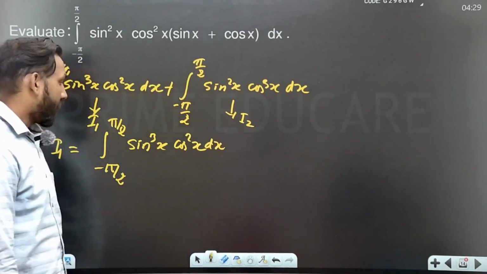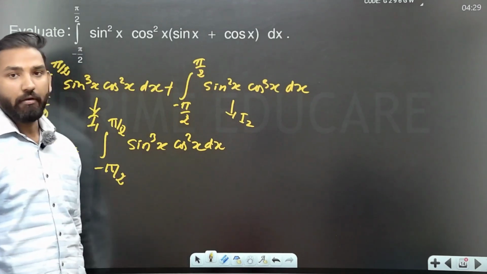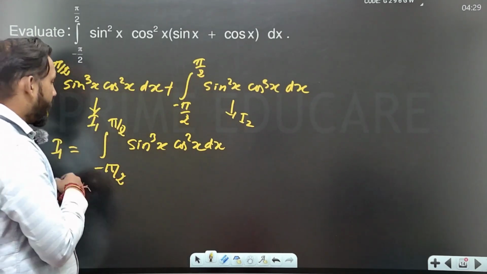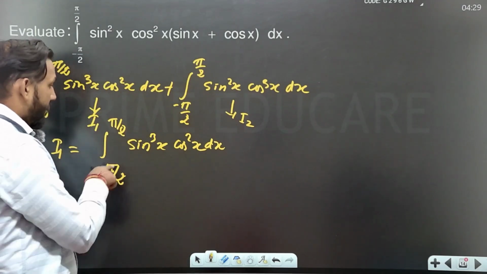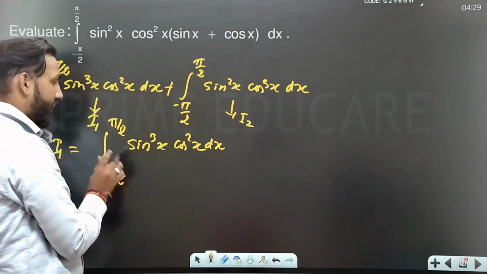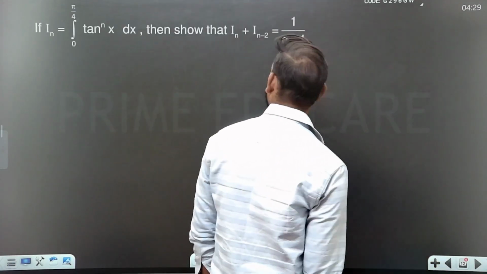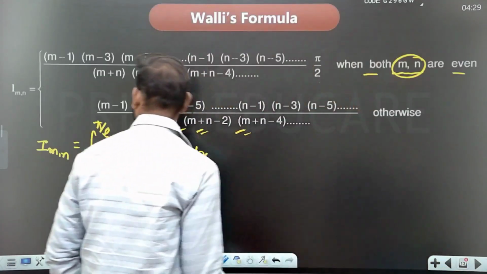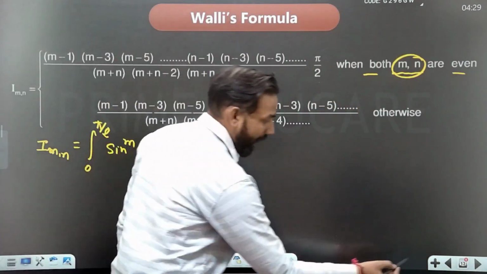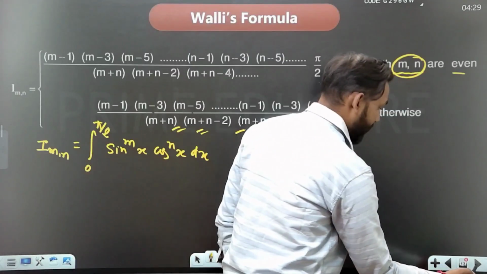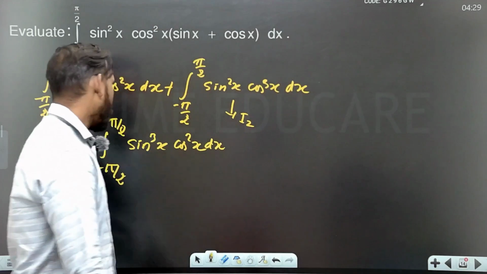Okay, now what we have is sine to the power, but there is a problem. The limit of this integral needed is from 0 to pi by 2, but the limit here is from minus pi by 2 to pi by 2.